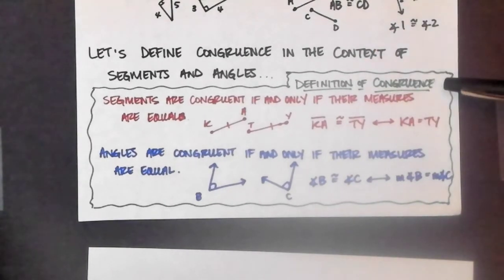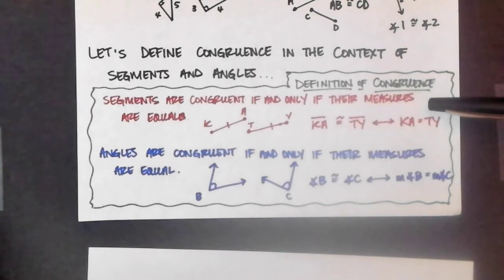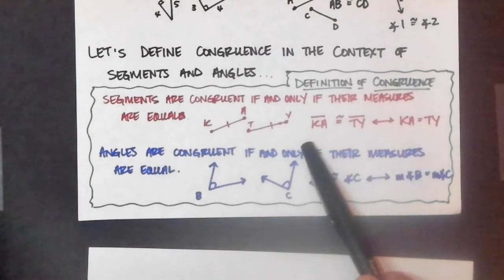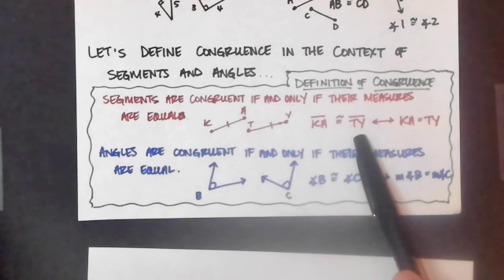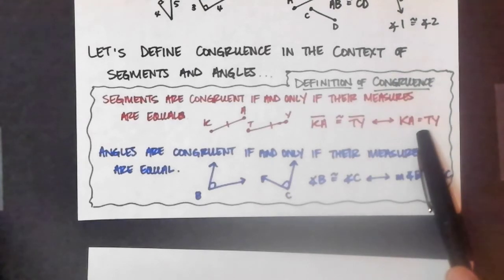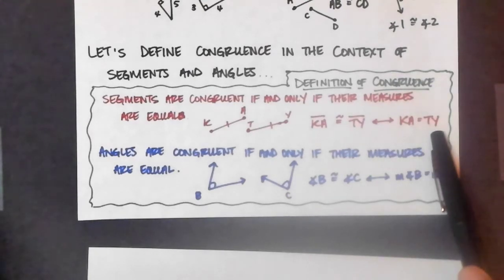So this is our first justification, the definition of congruence. And we can use this for both segments and angles. Segments are congruent if and only if their measures are equal. So these two segments are congruent. Segment KA is congruent to segment TY if and only if the length of segment KA is equal to the length of segment TY.